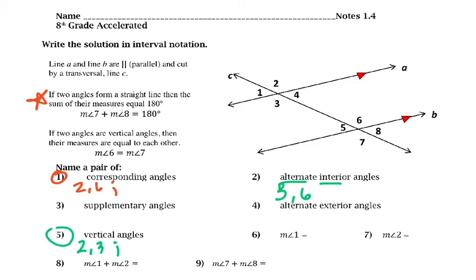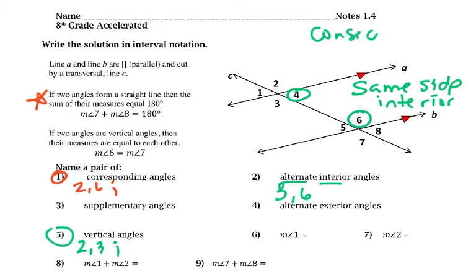Now, the other thing that happens, and maybe you don't remember this, but what happens is angle 4 and angle 6, these are called same side interior. They're also called consecutive interior. It just kind of depends on your teacher and what they like to say.